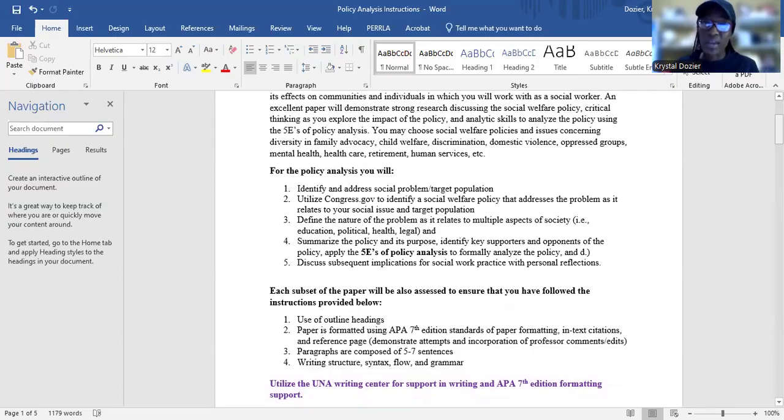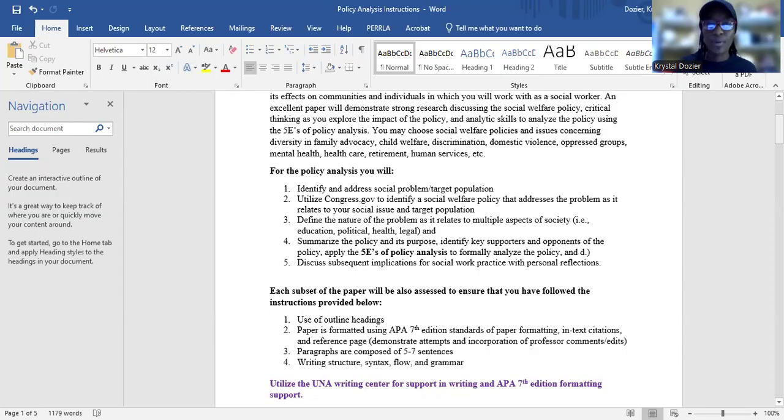You will utilize congress.gov to identify a social welfare policy that addresses the problem as it relates to your social issue and target population. I use social problem and social issue interchangeably, but they mean the same thing. You'll define the nature of the problem as it relates to multiple aspects of society, for example, education, the political atmosphere, health, as well as legal aspects of society.